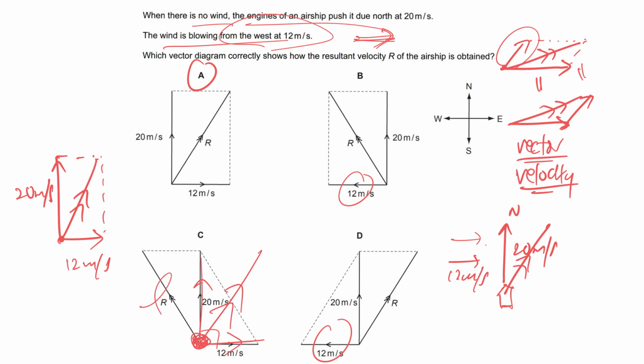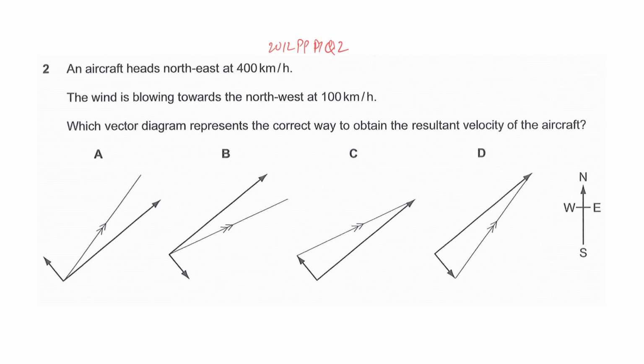All right. Now the second question is quite similar. You have an aircraft that heads northeast. Northeast is somewhere around here, and it's 400 km per hour, and the wind is blowing towards the northwest. The wind is blowing this way.